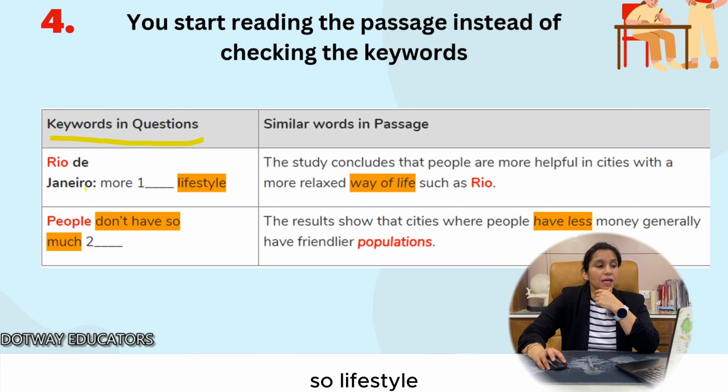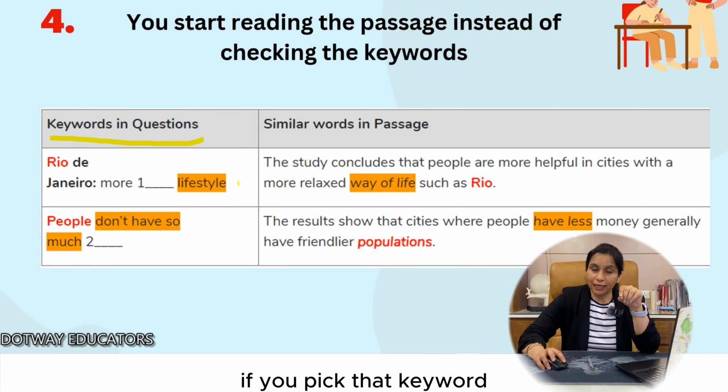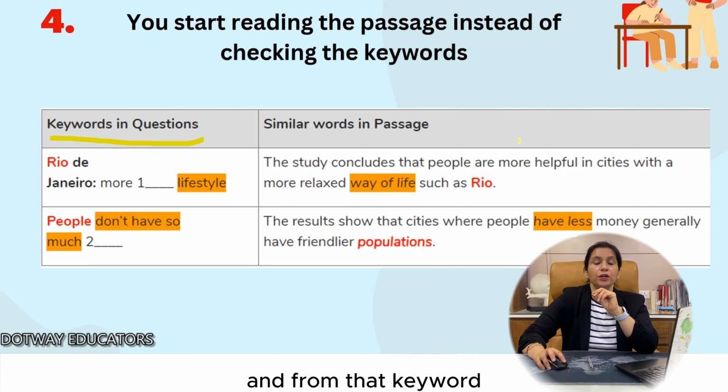So the word lifestyle is in the question, and the similar word in the passage is way of life, which also means lifestyle. So what type of lifestyle are they talking about? They're talking about a relaxed lifestyle. So that's how, if you pick that keyword and try to match a synonym in the passage, then you will be able to find the answer. So the answer is relaxed, more relaxed lifestyle.